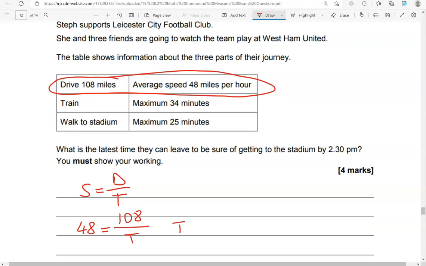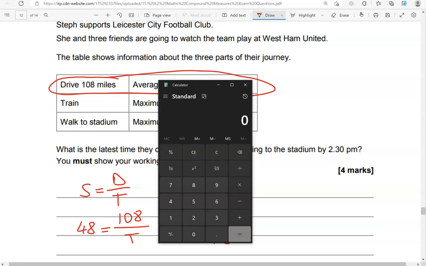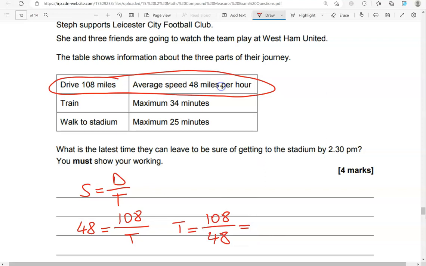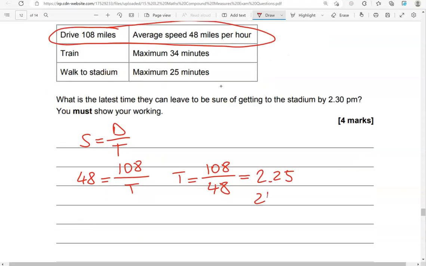So to work out the time, we'll do 108 divided by 48, which is 2.25 hours. So that is 2 hours and a quarter of an hour, which is 15 minutes. 0.25 of an hour is 15 minutes. You could also do 0.25 times 60 and it gives you 15 minutes as well. So that's the driving time.